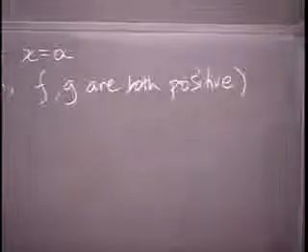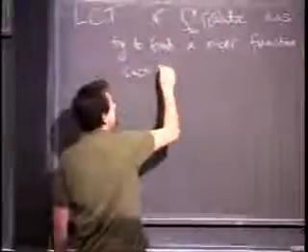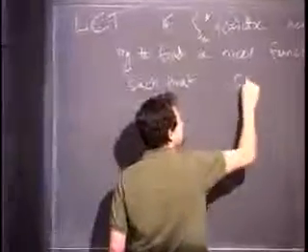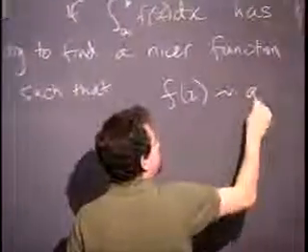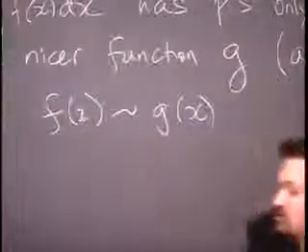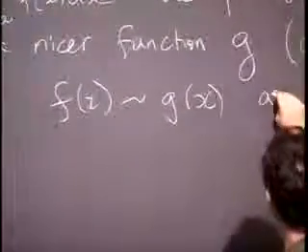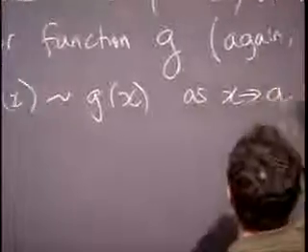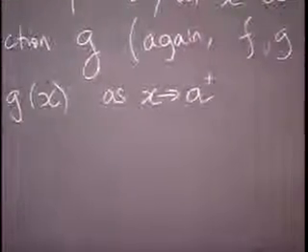So you try to find a nicer function g such that f behaves like g. So f has to behave like g, or be asymptotic to, twiddle, g, as x goes to the problem spot. A only needs to be from above.